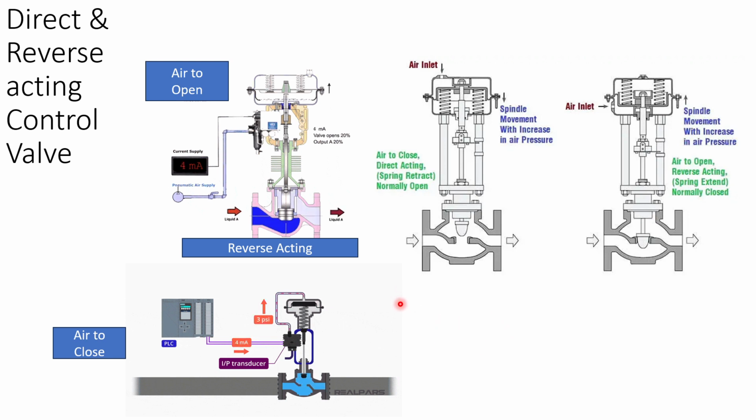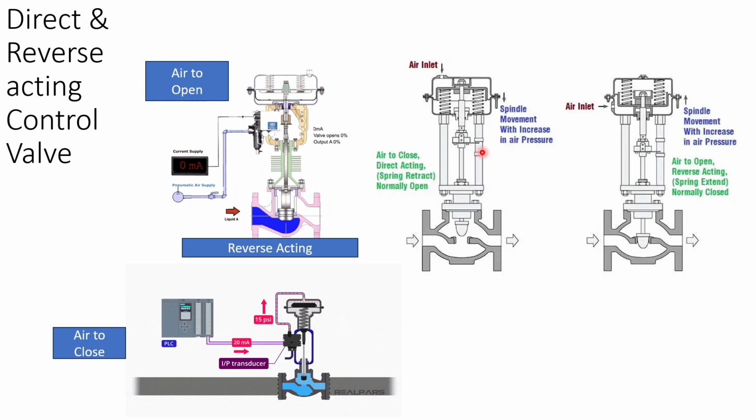Here we will be able to see the direct and reverse acting control valve. Direct acting control valve is a valve which is used when the air closes the valve. It means the spring opens the valve.